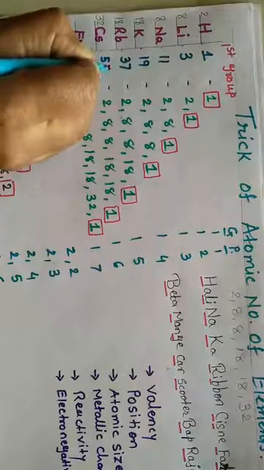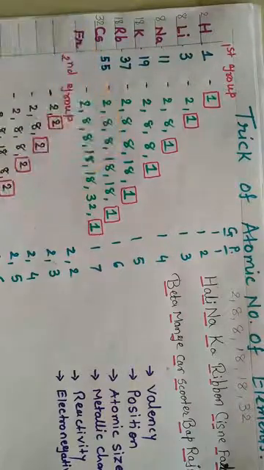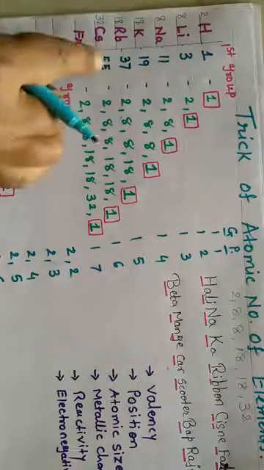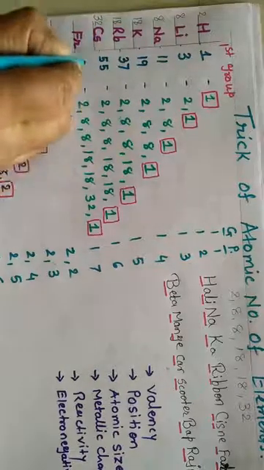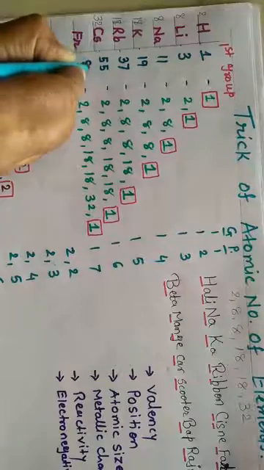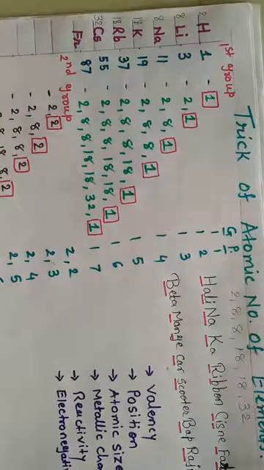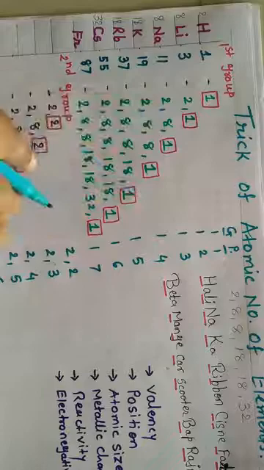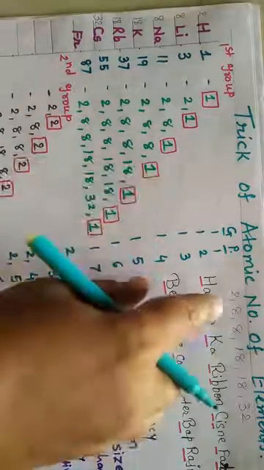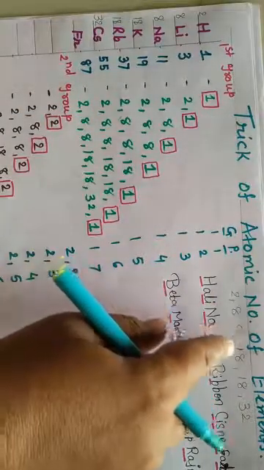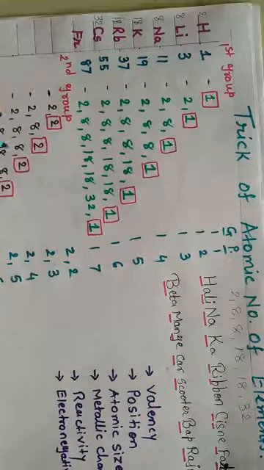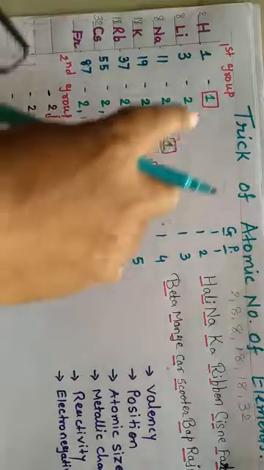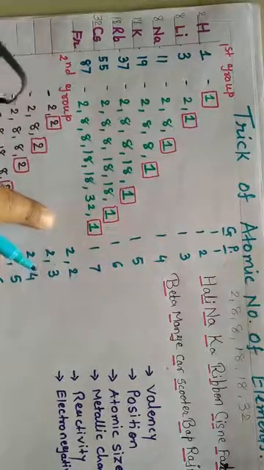So the atomic number of cesium is 55. And last, 55 plus 32, so we get the atomic number of francium as 87. Now the electronic configuration is written. In that also we have to follow the pattern 2, 8, 8, 18, 18, 32. So as we write down the electronic configuration for each element, everywhere at last we get 1.